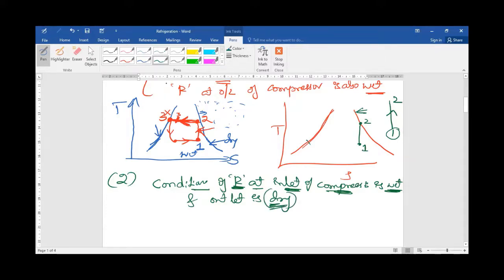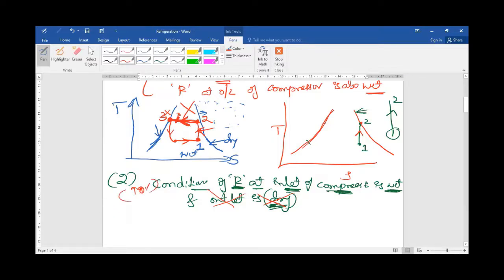If these words are not given, outlet of the compressor is not given, but you have to understand that if the inlet is wet, if you draw one vertical line, point number 2 should reach the vapor line, or else he will mention the condition. This will not be used many times, but 90% this condition will be used.